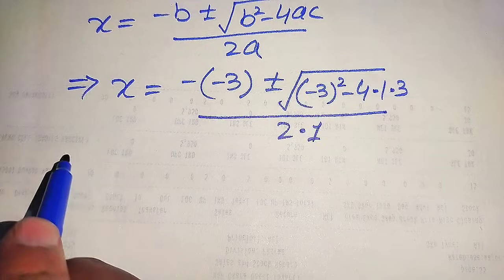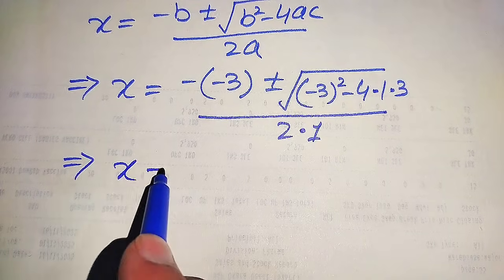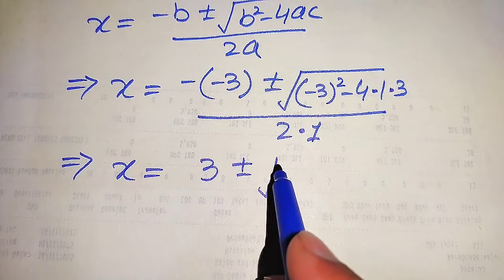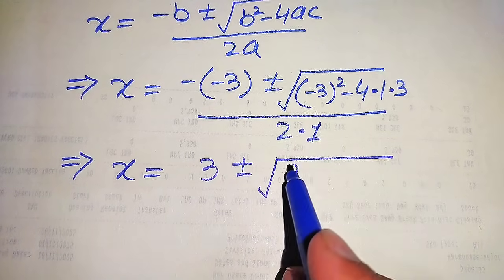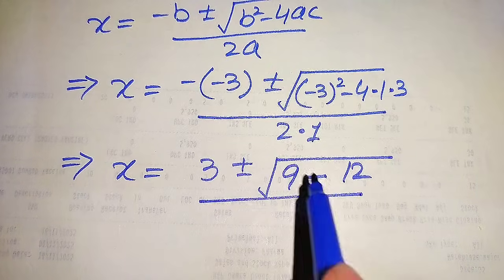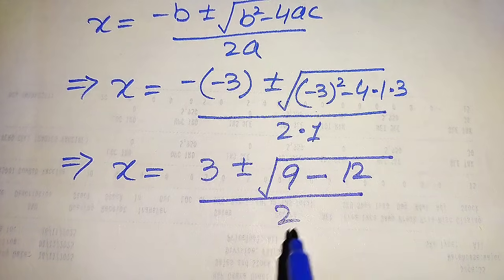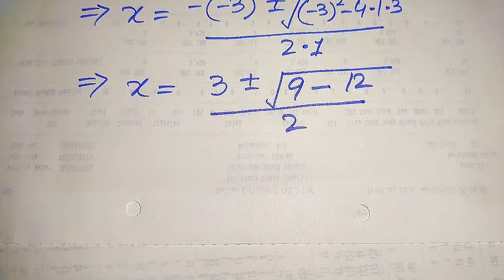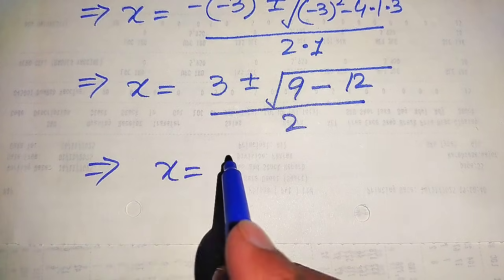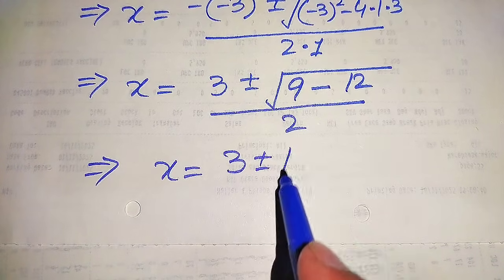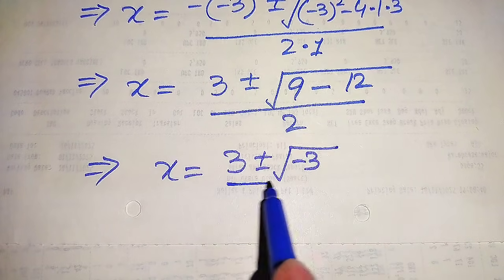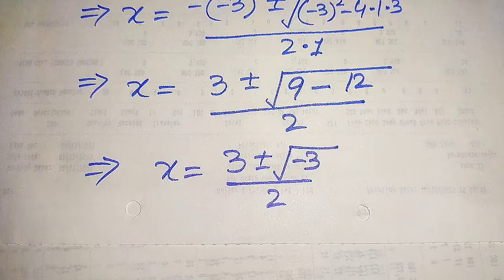In the next step we need more simplifications: minus times minus becomes plus 3, plus minus square root of minus 3 square becomes 9, and 4 times 3 becomes 12, divided by 2 times 1 equals 2. It becomes 3 plus minus square root of 9 minus 12, which is minus 3, divided by 2.